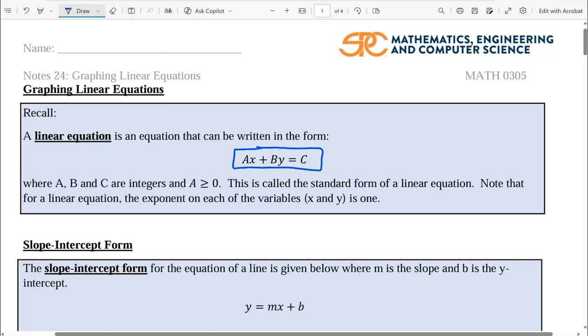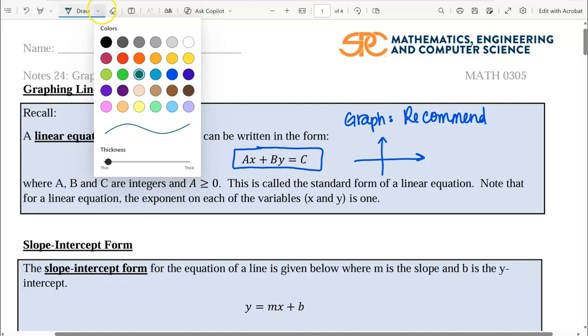So I'm going to recommend anytime you have graphing in standard form, in order to graph, I recommend using your intercepts.